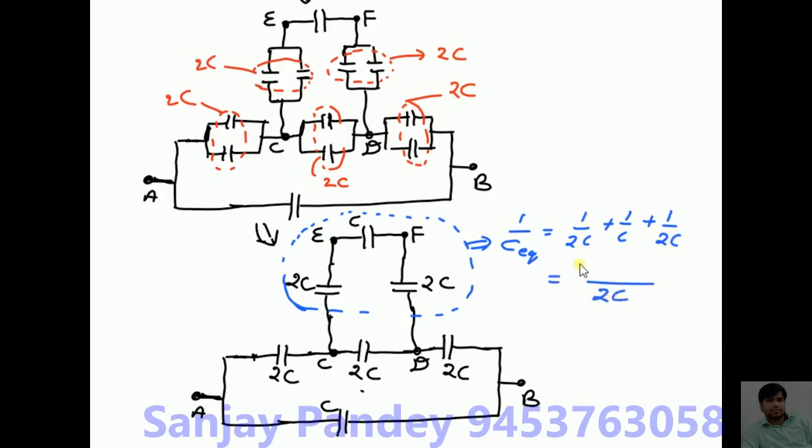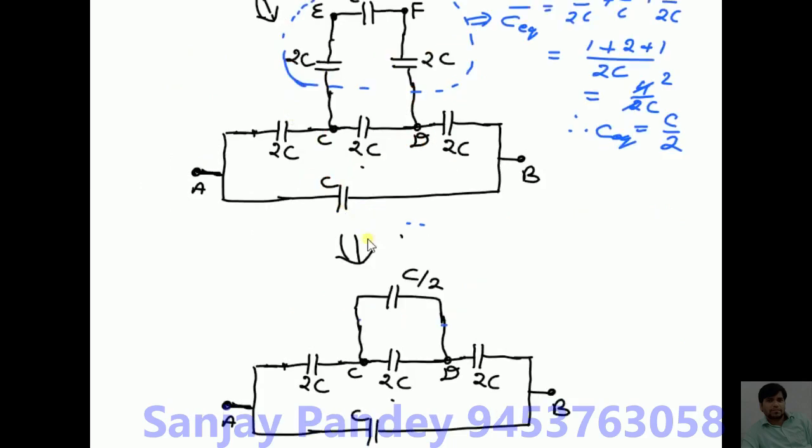Taking 2C common, this will be 1 plus 2 plus 1, 4 upon 2C. Therefore C equivalent of this part will be C upon 2. So this is the new circuit diagram.